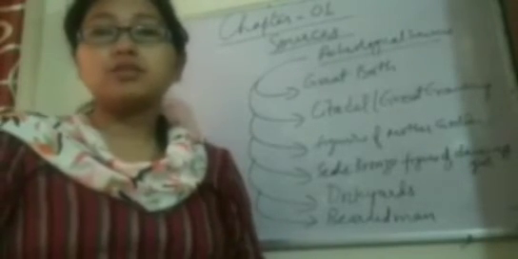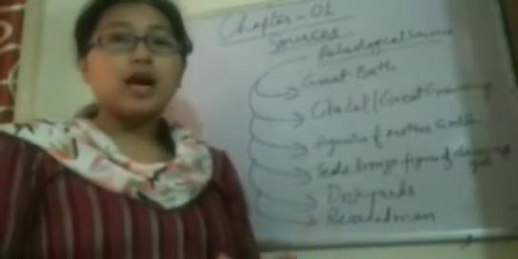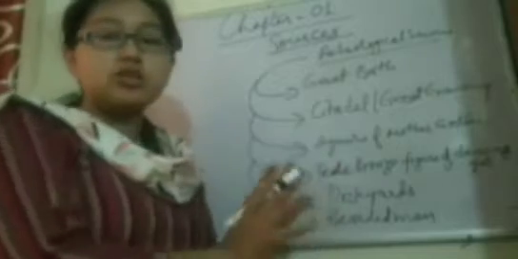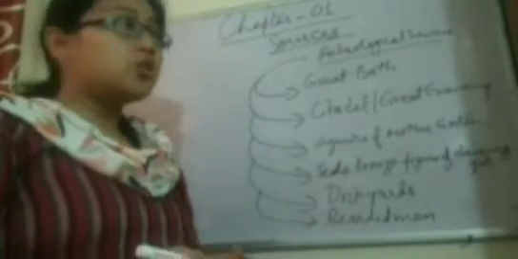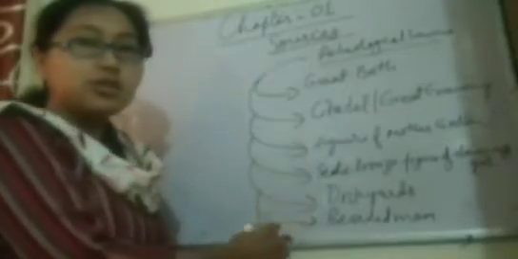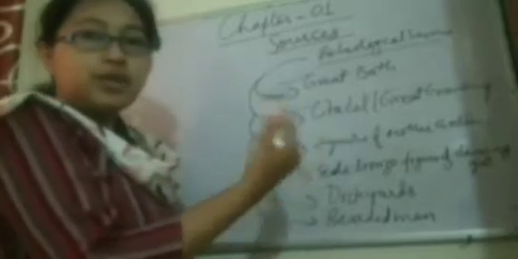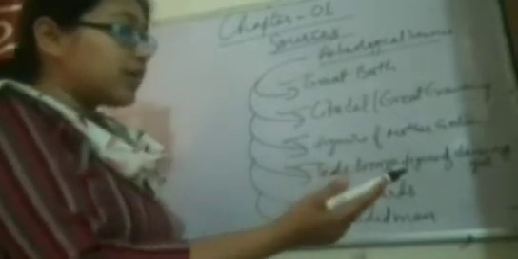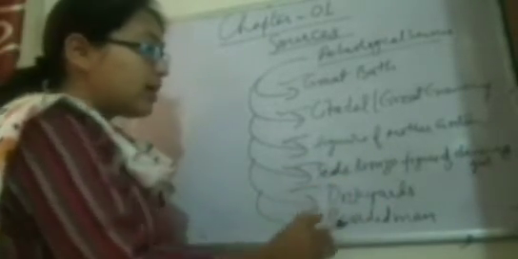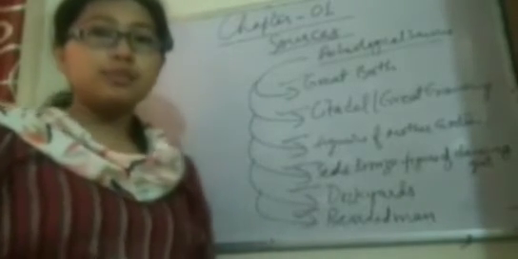Because of that, there are no literary sources, only archaeological sources. Here are some of the archaeological sources I've written on the board: the Great Bath, Citadel, Great Granary, figurine of Mother Goddess, seals, bronze figure of dancing girl, dockyards, and bearded man.